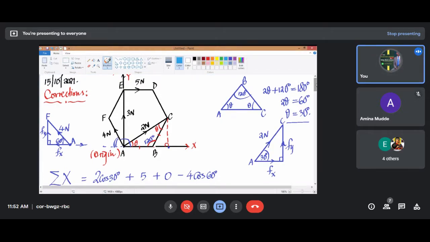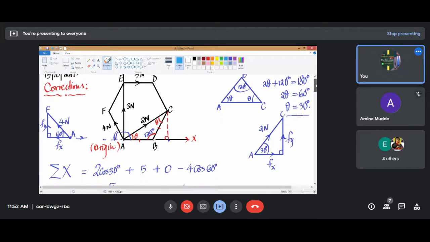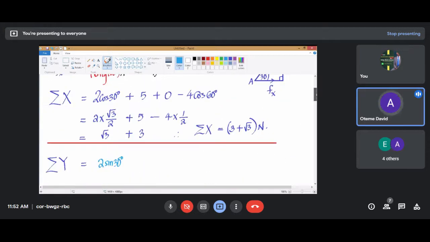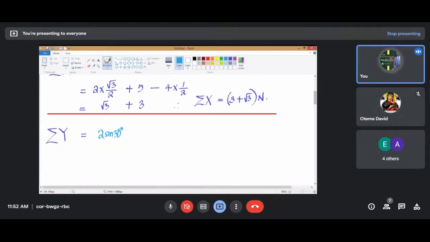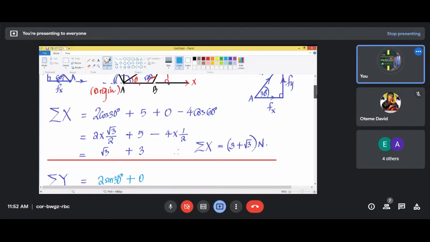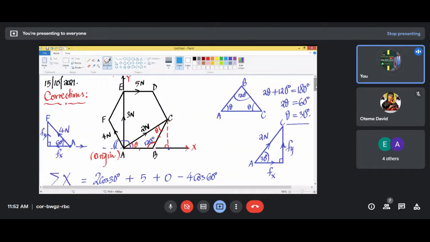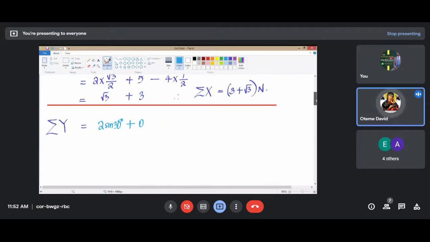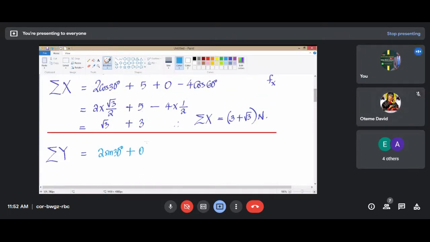What is its vertical component? 5 sine 0, which is 0. Next force is 3 newtons. What is its vertical component? 3 sine 90, which is a 3.